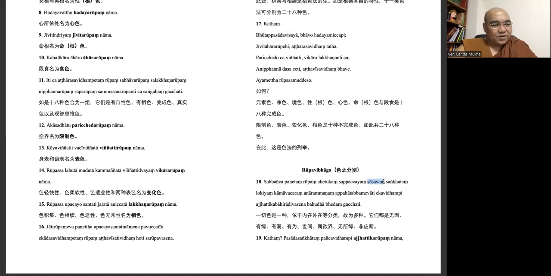Lokiya means: pañcupādānakkhandha saṅkhāto loko, the world. The world here means the five aggregates of clinging. It belongs to the five aggregates of clinging. That's why they are called lokiya, mundane.